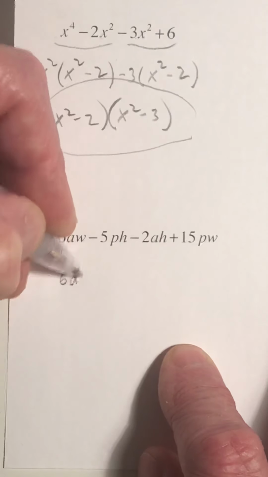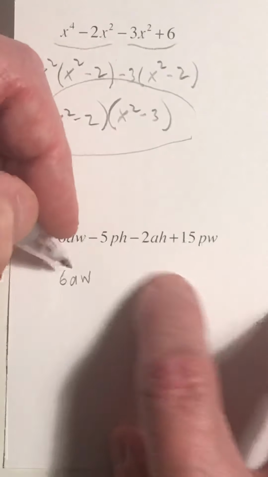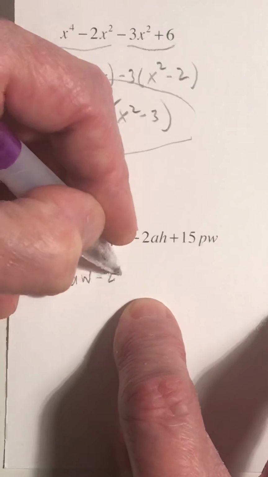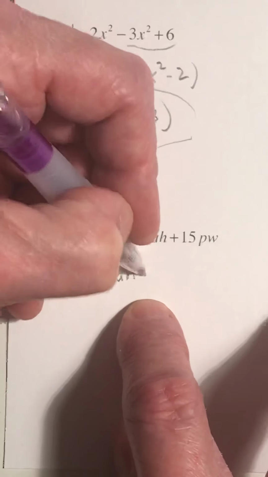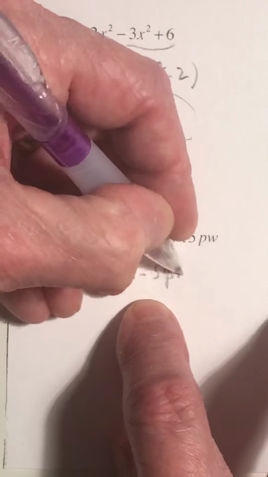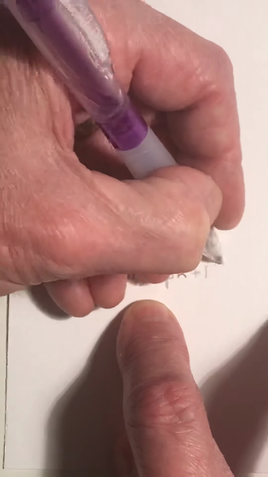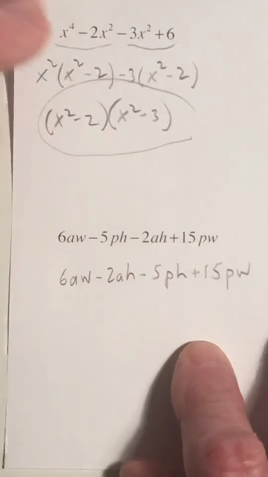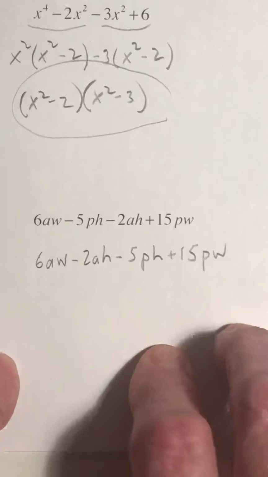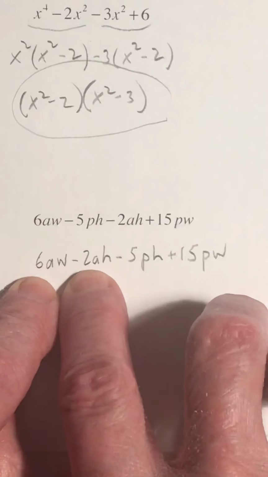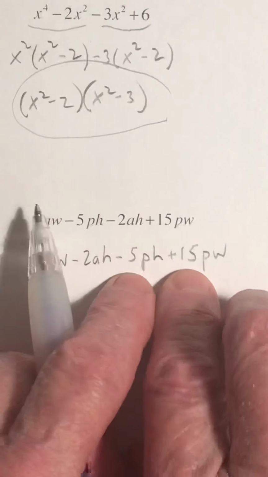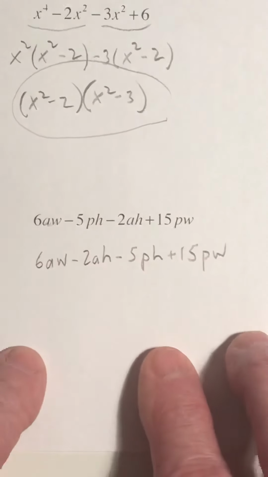Let me just try reversing these two in the middle. I'll write minus 2, you go first, 2AH, and then minus 5PH plus 15PW. Does that make a difference? Yeah, because now we've got a common factor of 2 and A, 5 and also P.